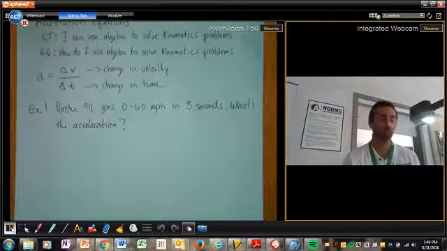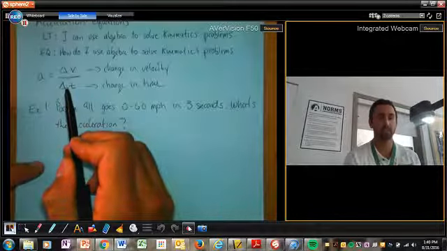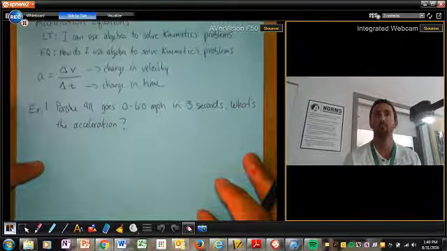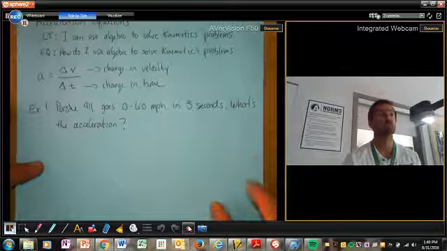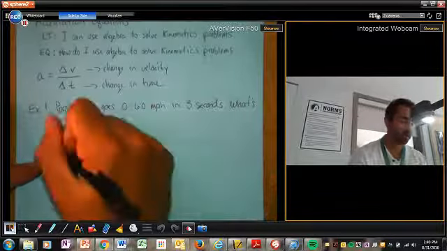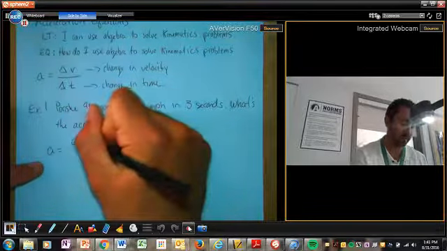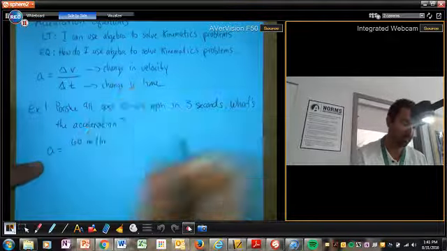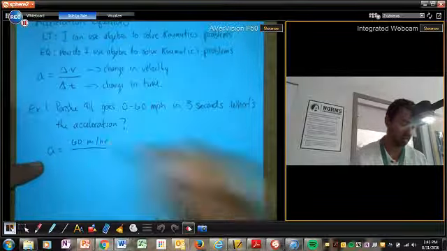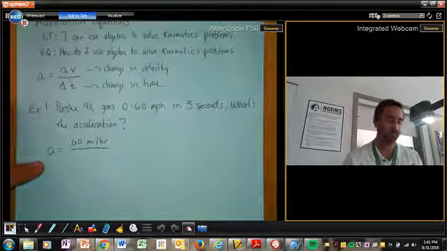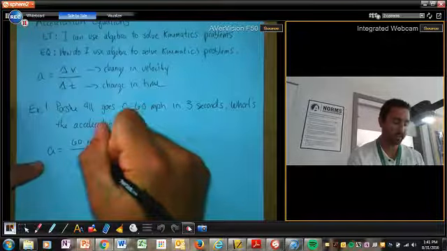So how do I calculate acceleration? It's a change in velocity over a change in time. What is my change in velocity here? He went from 0 to 60, so my change should be 60 miles per hour, divided by, what was my change in time? 3 seconds.